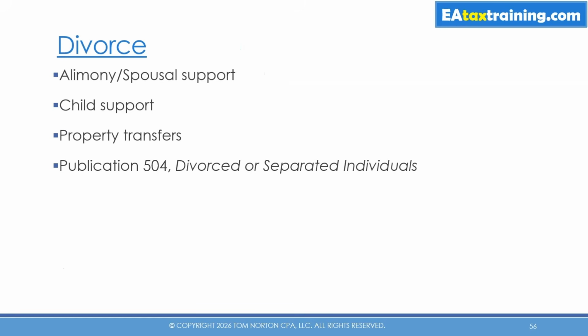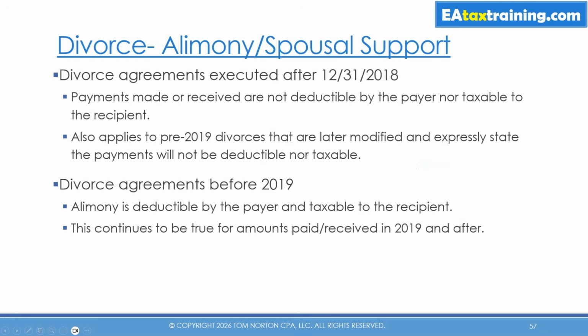So now let's talk about divorce. We've actually talked about these things as we've gone through the course, but this is just going to be a reminder here all in one place. We'll talk about alimony, child support, and property transfers. As we have said a couple of times, if you have a divorce agreement prior to 2019, then any alimony that is paid is deductible by the one paying it and is included in the income of the one receiving it.